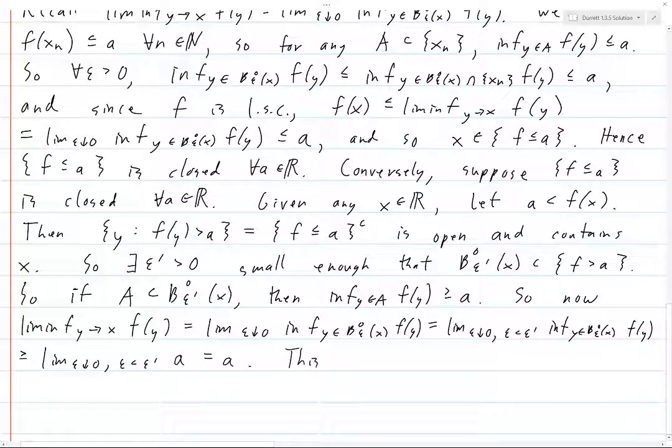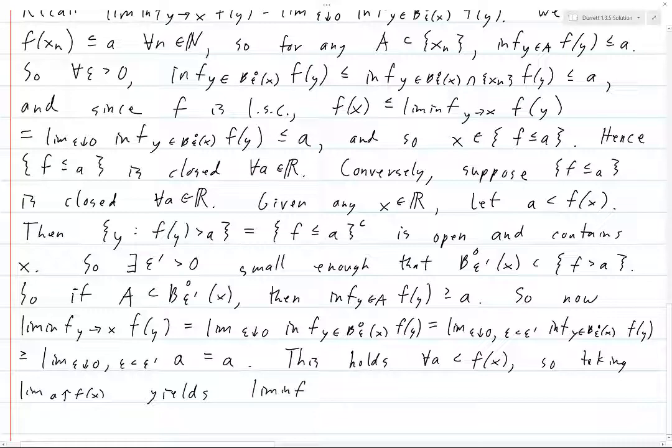Now this is sort of interesting. This holds for all A less than f of x, so taking the limit as A increases to f of x in this inequality that we've shown yields the lim inf as y approaches x of f of y.